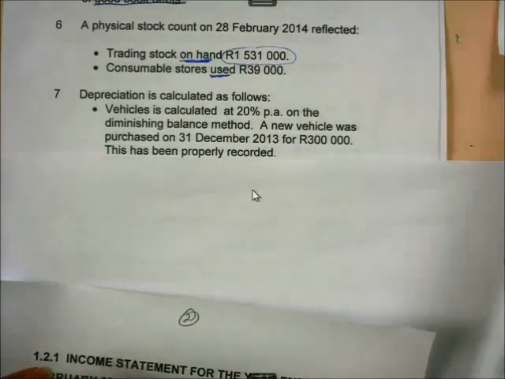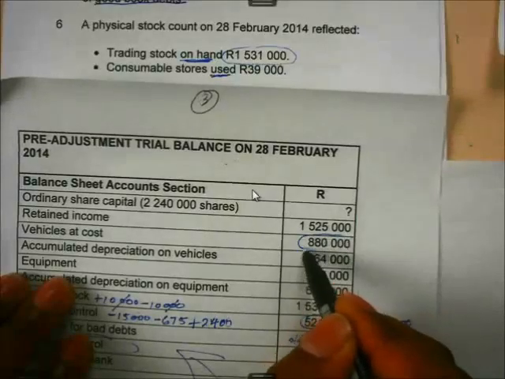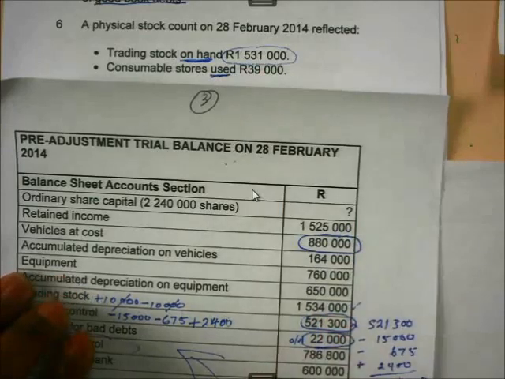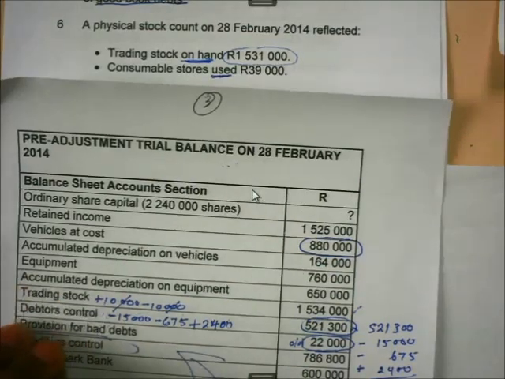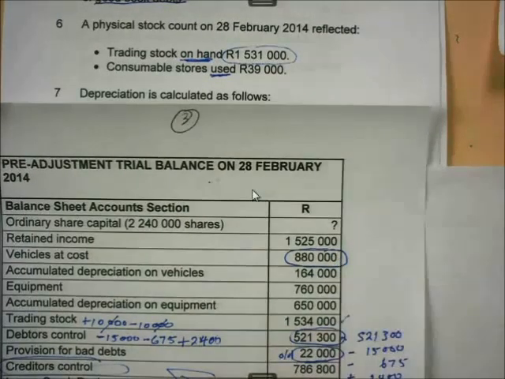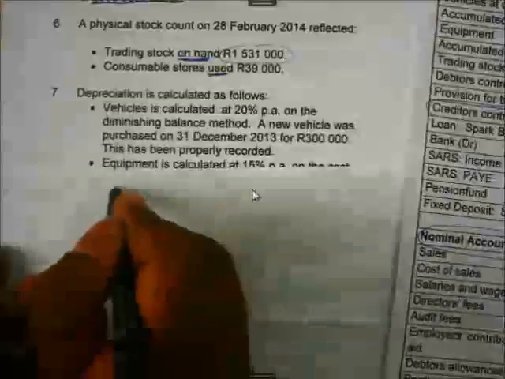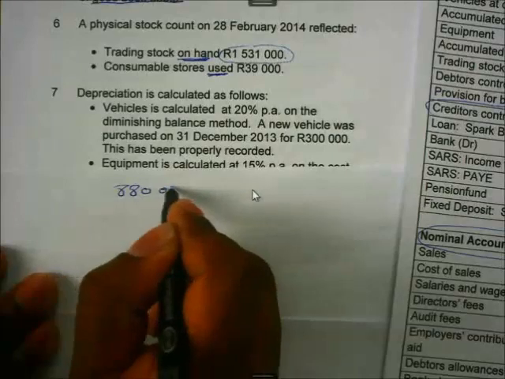Now, what does that mean? It means now this amount of vehicles of 880,000 includes the new vehicle. Therefore, in order to calculate our depreciation correctly, like I said yesterday, you must divide this 880,000 into new vehicles and old vehicles. Now, total vehicles is 880,000.